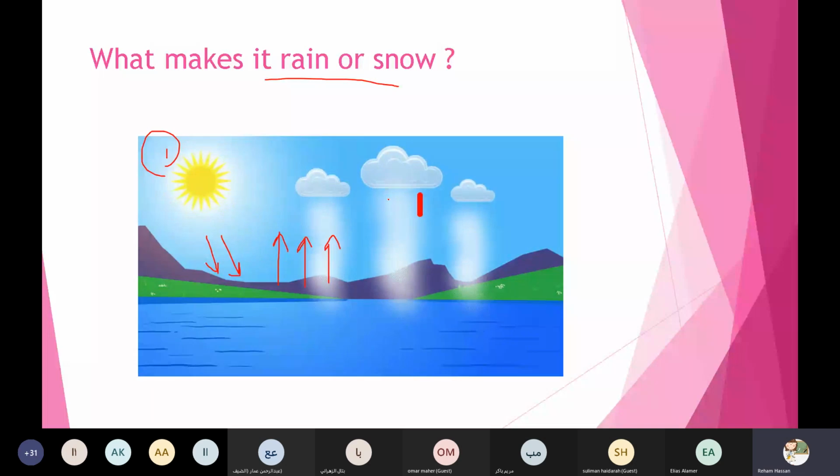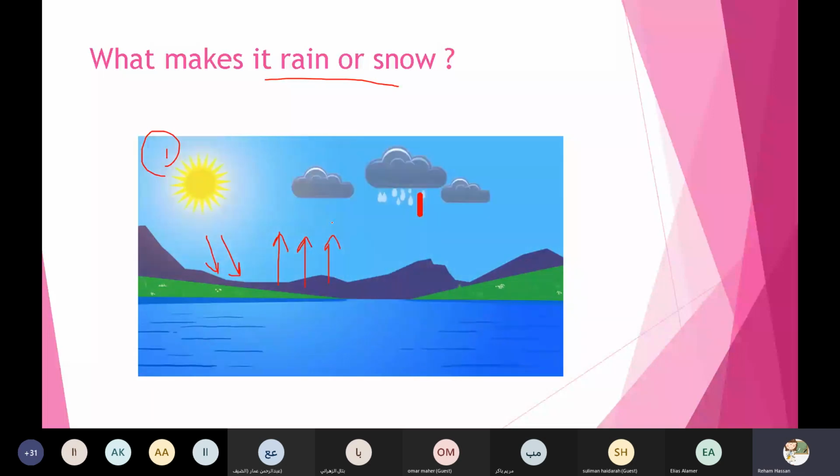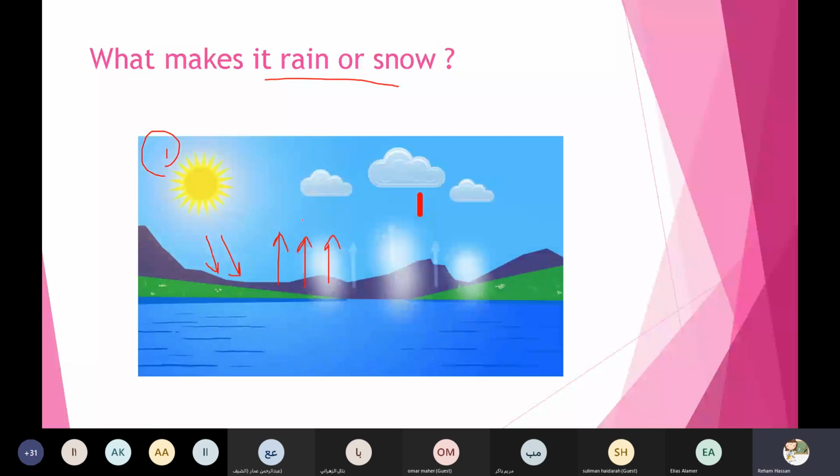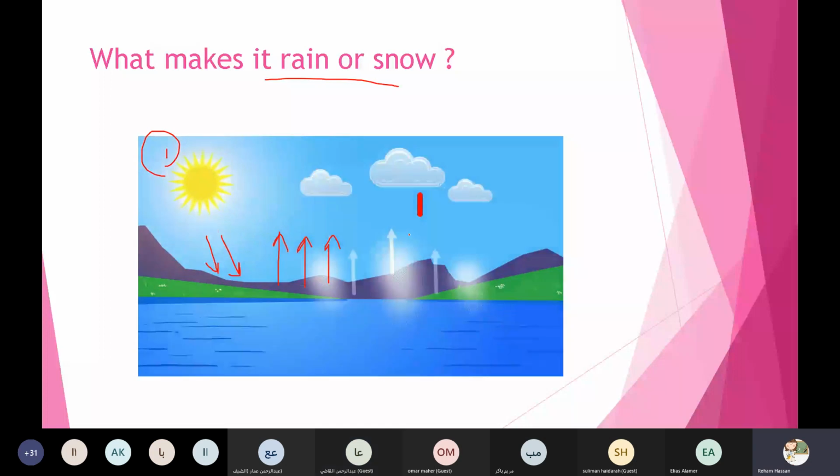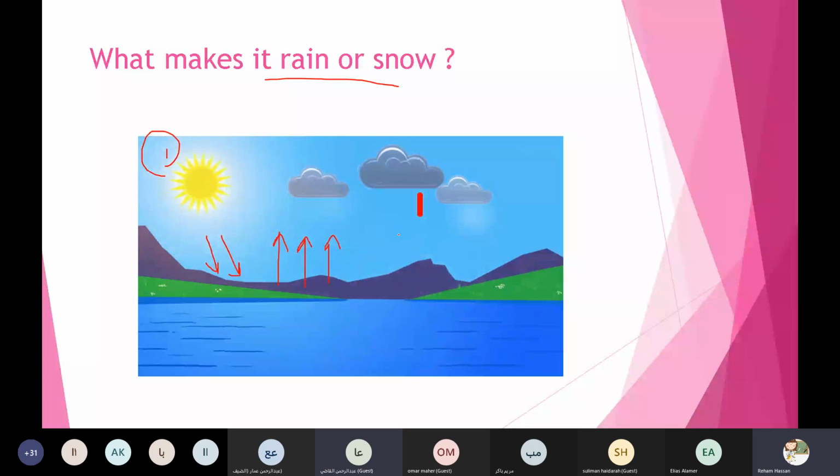The water vapor is the water that goes up into the air. Amazing. Thanks a lot, Abdurrahman. Yes, Saud.